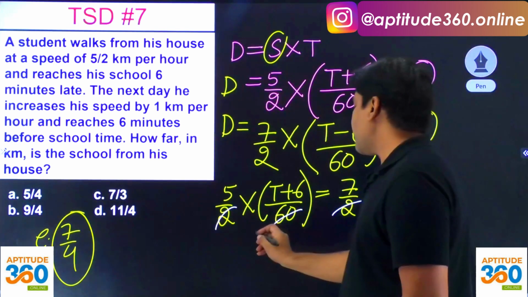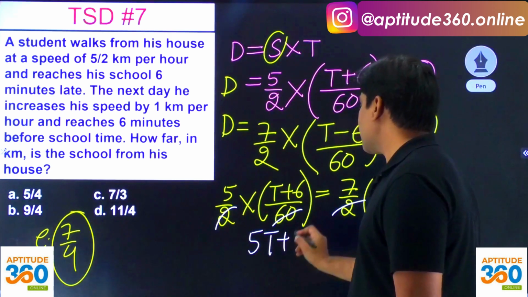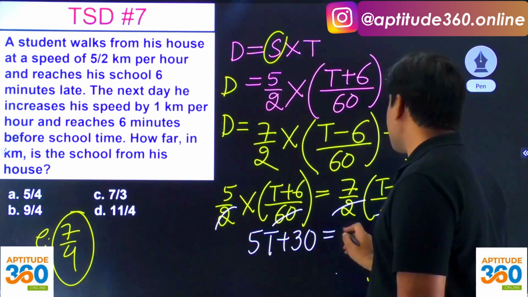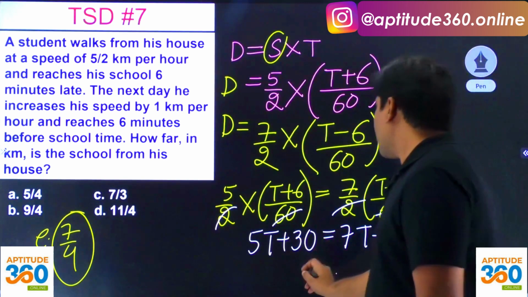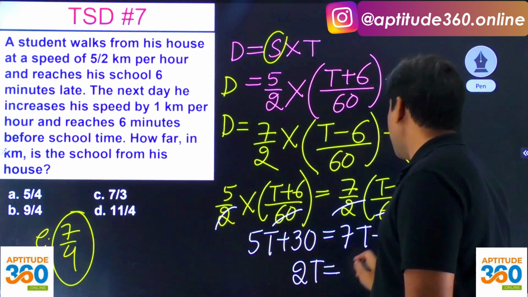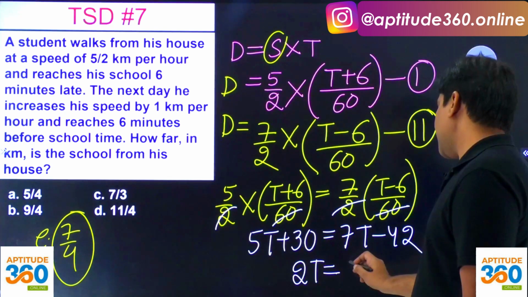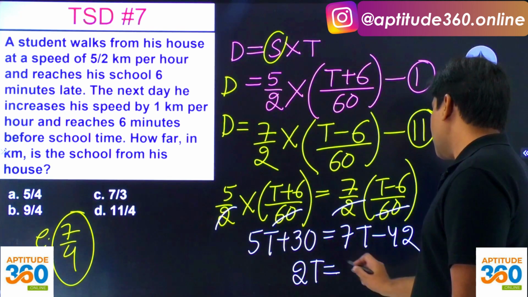So this value is going to be 5t + 30, and this is 7t - 42. So 2t is going to be 42 + 30, and this is 72.